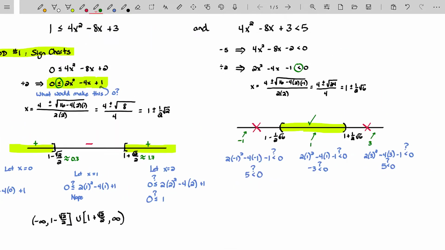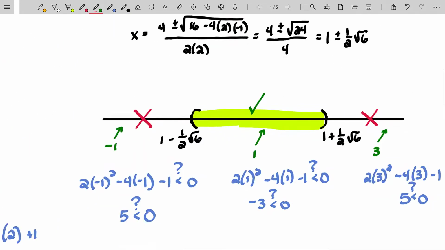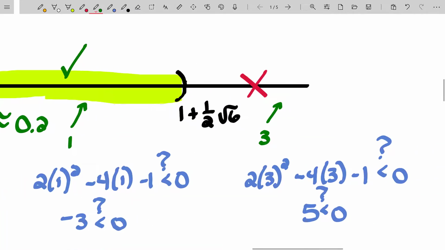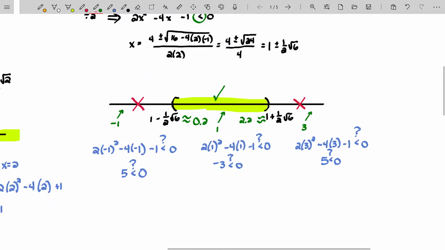Also, we'll need to find out what these values on these edge points here are. 1 minus root 6 over 2 is approximately, not exactly, 0.2. And 1 plus root 6 over 2, again, is very approximately 2.2. That will help us out quite a bit.